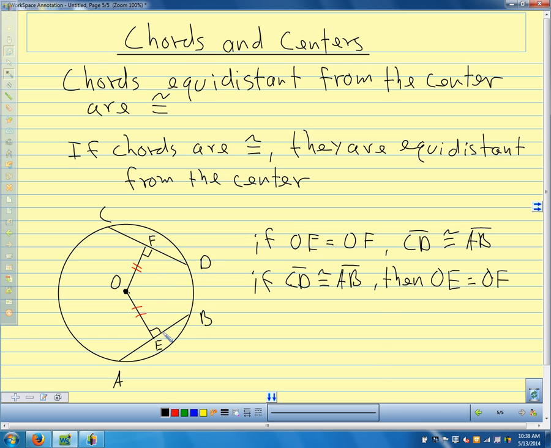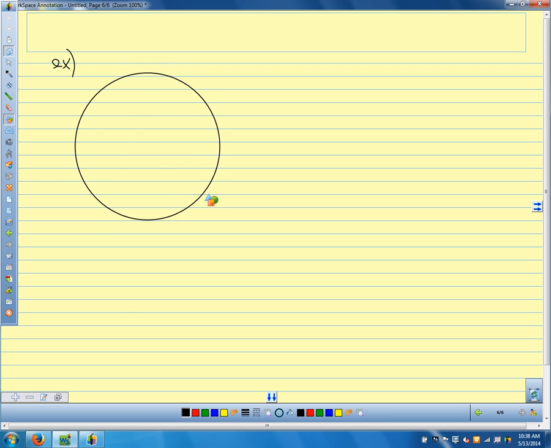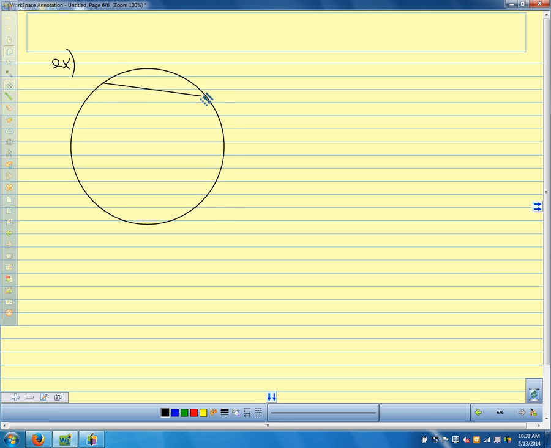Let's take a look at an example using this idea. So here is our picture. And here's our chord. One chord here, one chord there. Our center.